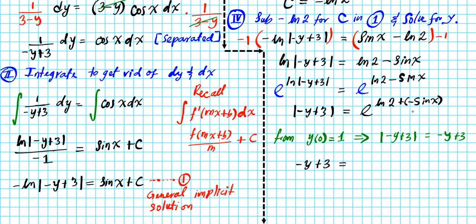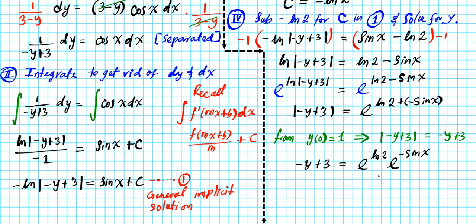equals, now using the product property of exponents, this can be written as e to the natural logarithm of 2 times e to the negative sine x. Now remember, what do you do when you multiply exponents of the same base? You add the powers, right? So we are reversing that rule. You have the sum of the exponents, and you can write it as a product of the exponents with identical bases.